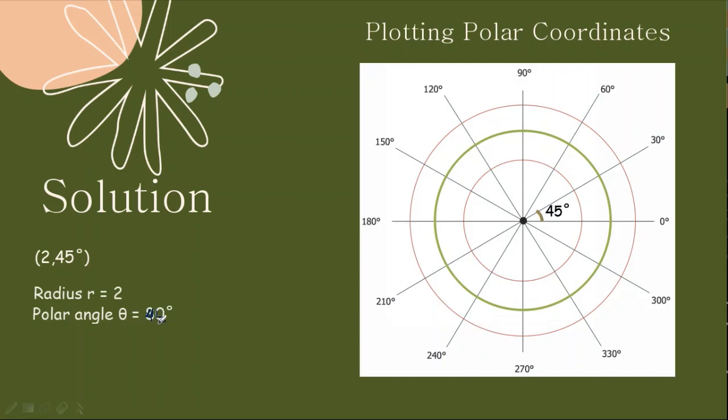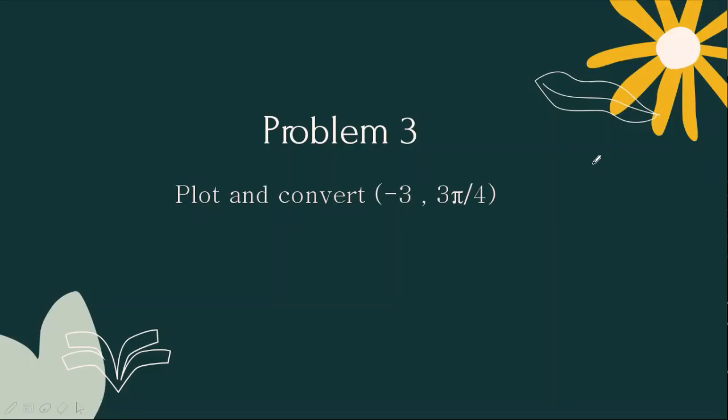So this is 45 degrees, not 80. So the location of the polar coordinate is here, 2 radius with a 45-degree angle. Now let's proceed to the last problem.